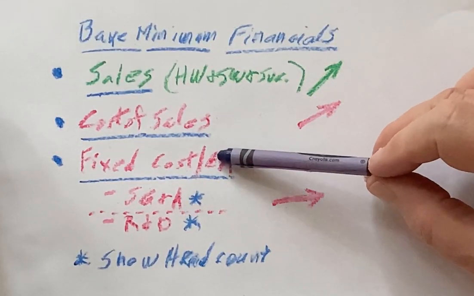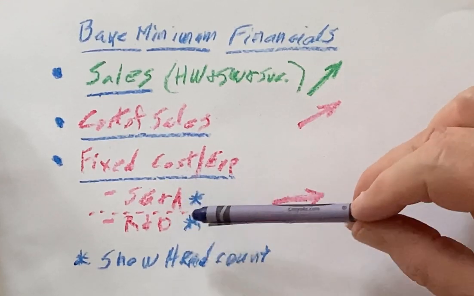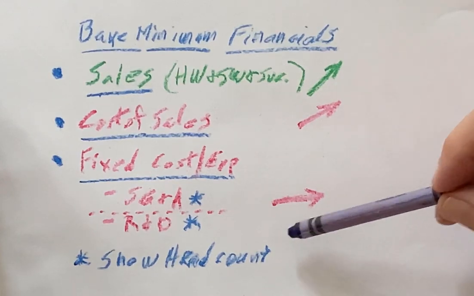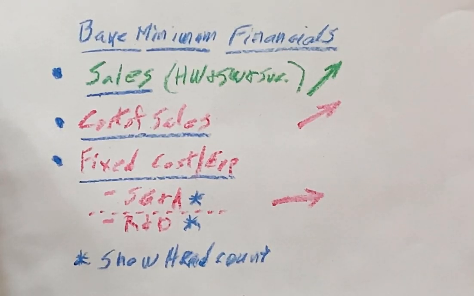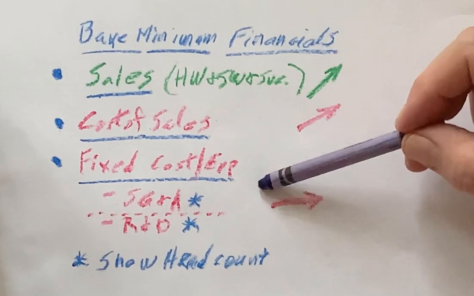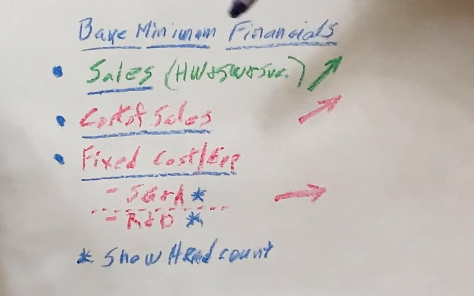For this, to break out your SG&A and your R&D and show in here somewhere how much of that is head count and how many heads that is, and how much of that is other expenditures, including consultants.